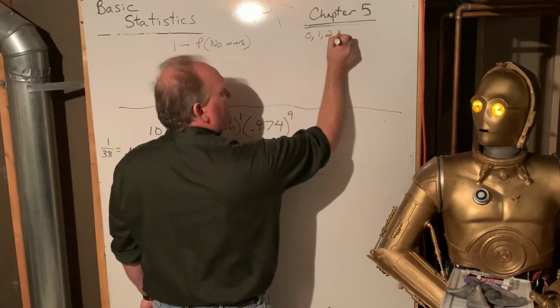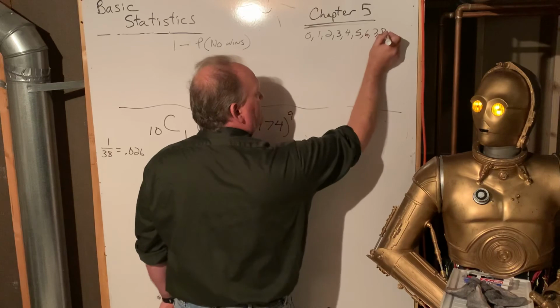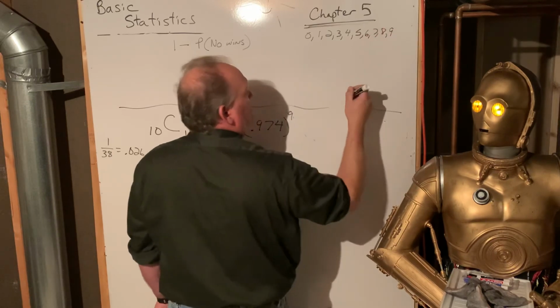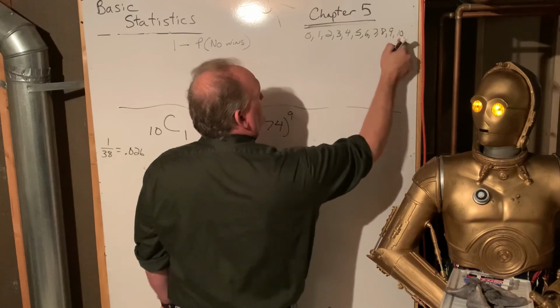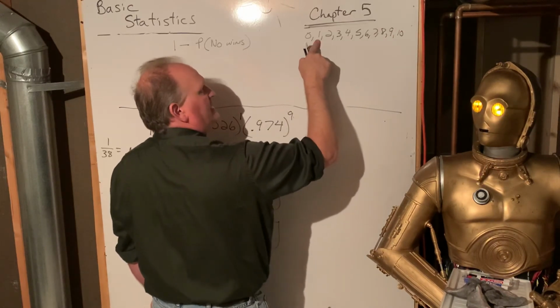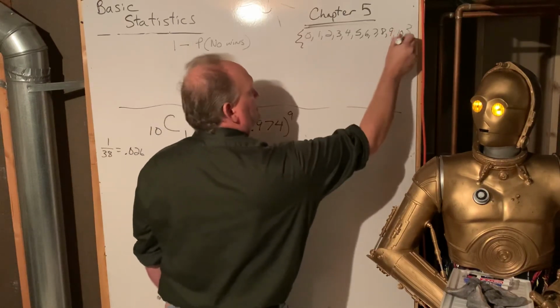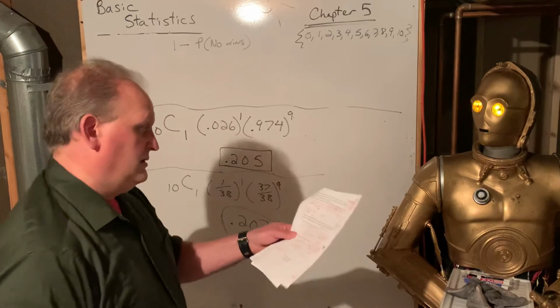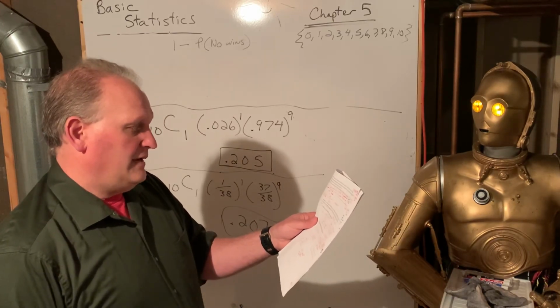If you play the roulette wheel 10 times, there's 11 possible outcomes, 0 through 10.